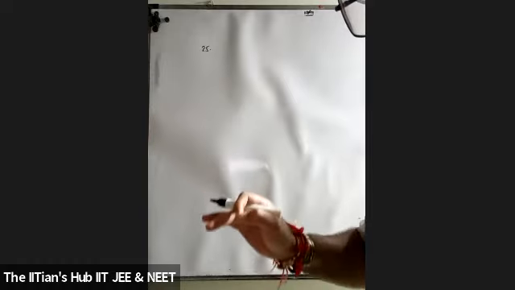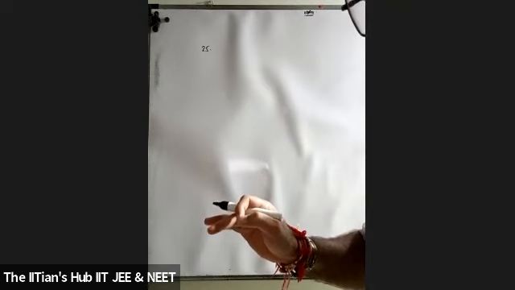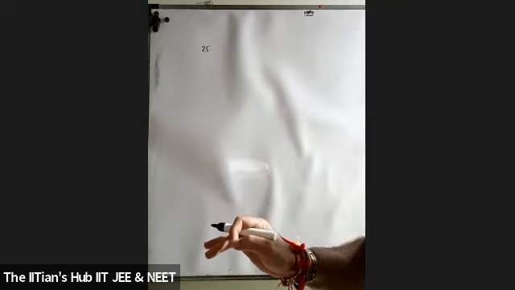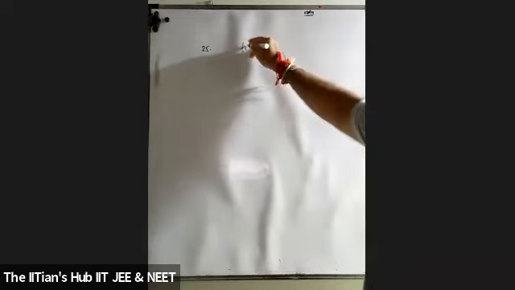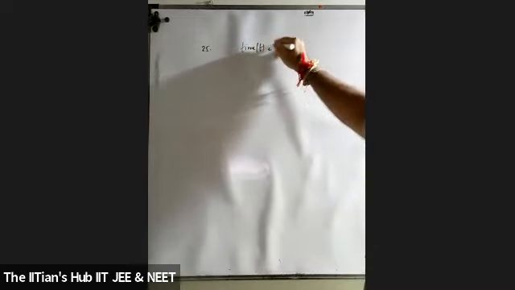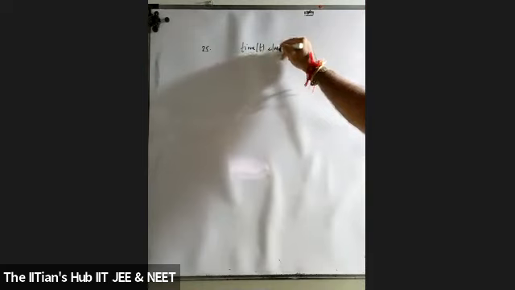A body is projected horizontally from the top of a cliff with a velocity of 9.8 meter per second. Find the time elapsed before the magnitude of horizontal and vertical components of the velocities of the body becomes equal. You have to find out the time elapsed.